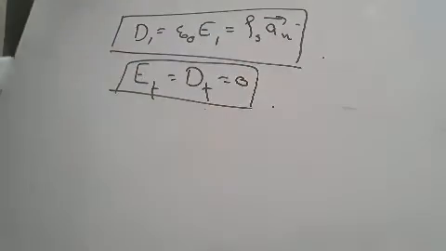So these two are the conditions for conductor and free space boundary conditions, case 3.